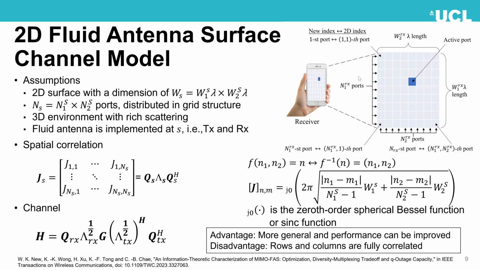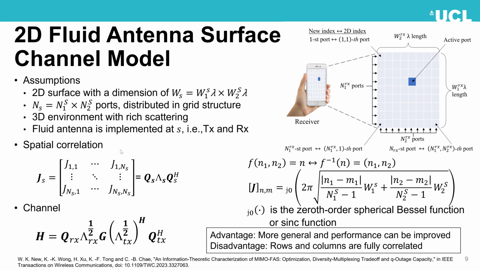Because we consider a 2D fluid antenna surface, it's necessary to consider a 3D environment. And in this model, a rich scattering environment is considered. Furthermore, the fluid antenna can be implemented at the transmitter side or receiver side, or even at both ends.